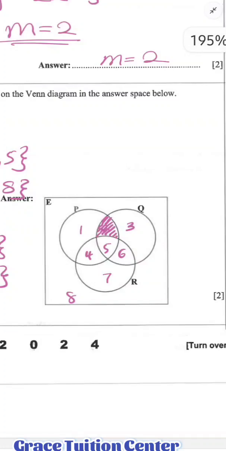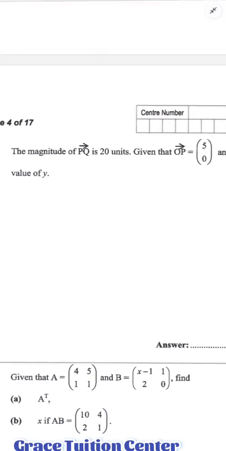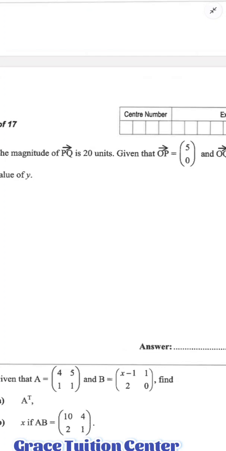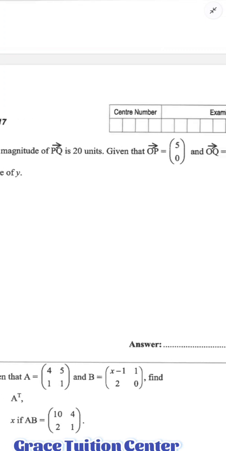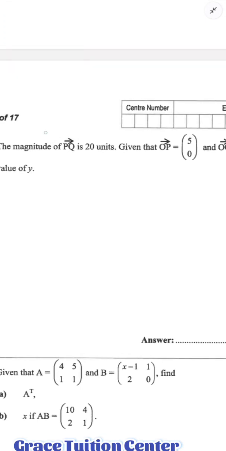So let's go ahead to the next question. I hope you are following. The next question is on vectors. So the question says, this is question 6. The magnitude, so bear in mind, the word magnitude means what? Length.